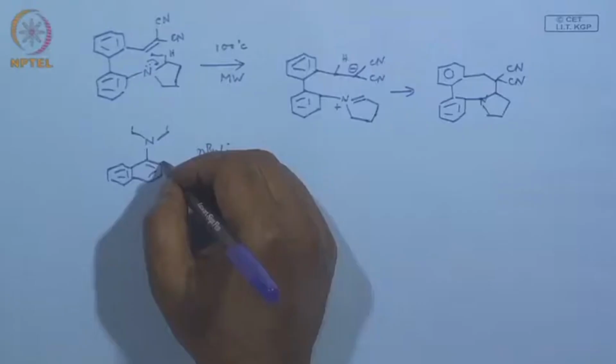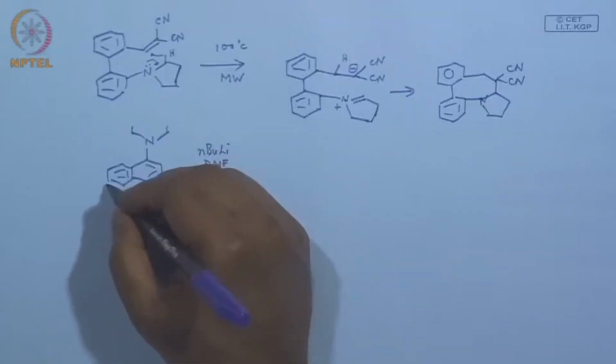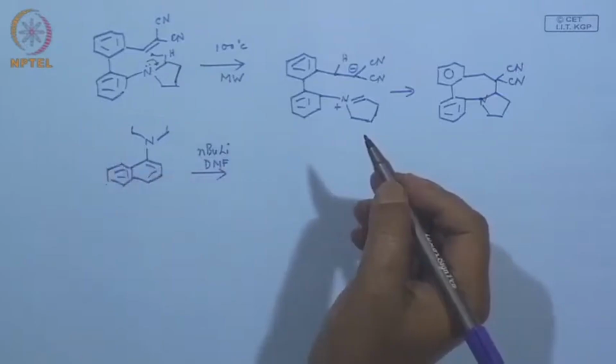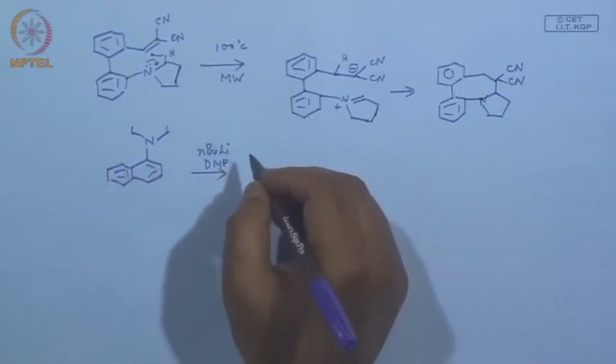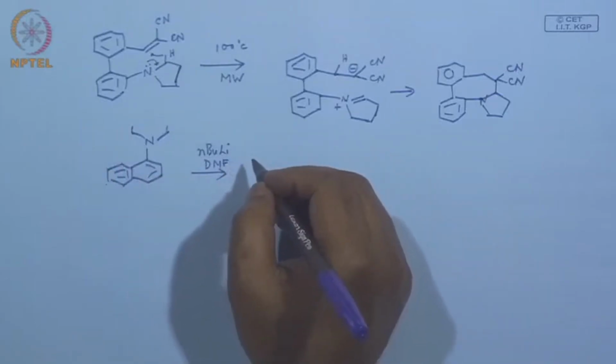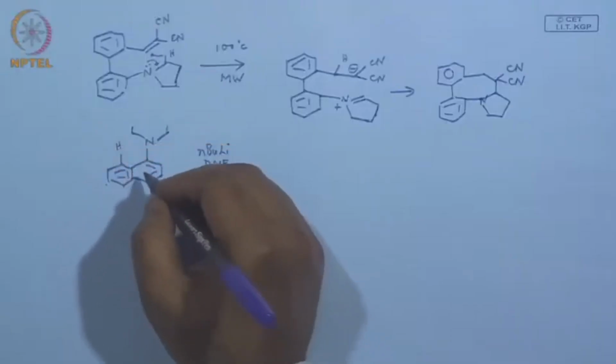It says 1, 2, 3, 4, 5, 6, 7, 8. Okay. The 2 position, that is, had it been methoxy, normally the reaction takes place at the 2 position. But you have an option here, this is the peri position.